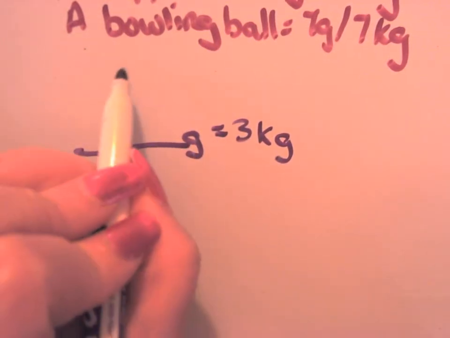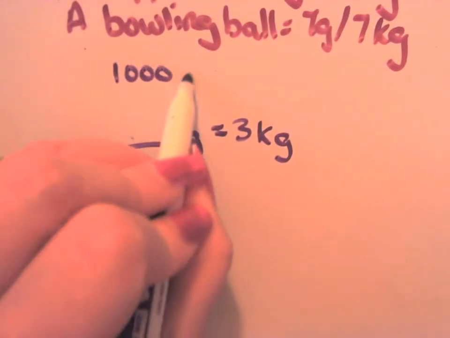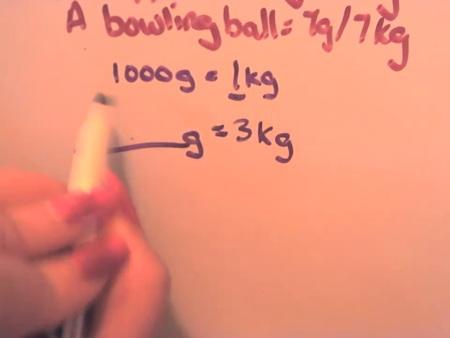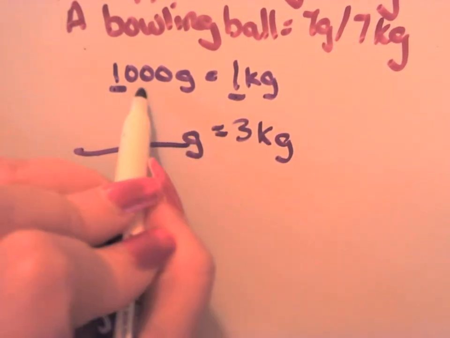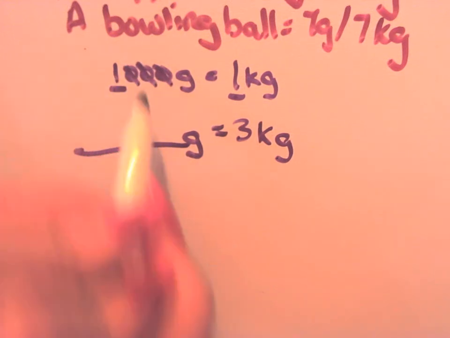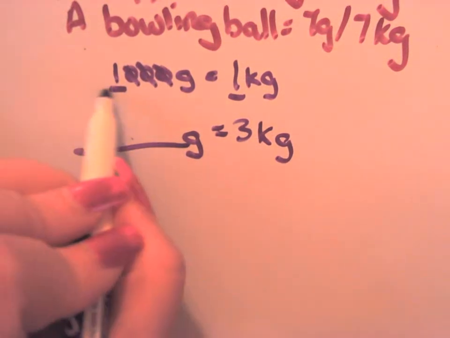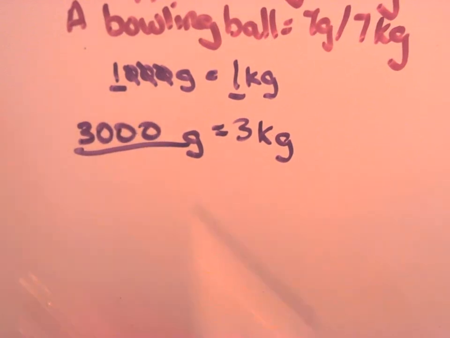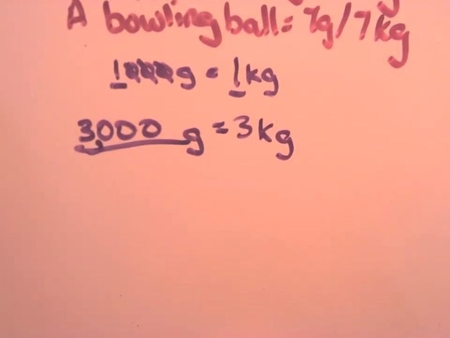Well, when you look at this relationship, I have my 1 here and then 1, 2, 3 zeros after it. So if I had the same number 3 here and then 1, 2, 3 zeros after it, something that was 3 kilograms would be 3,000 grams.